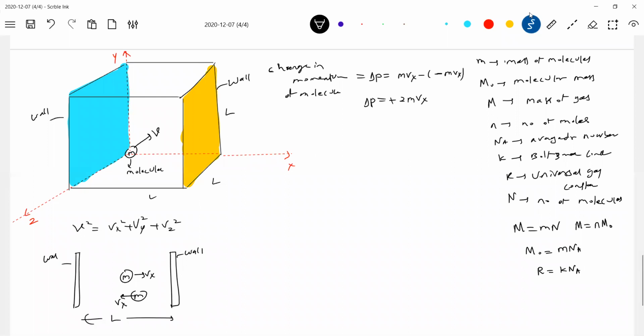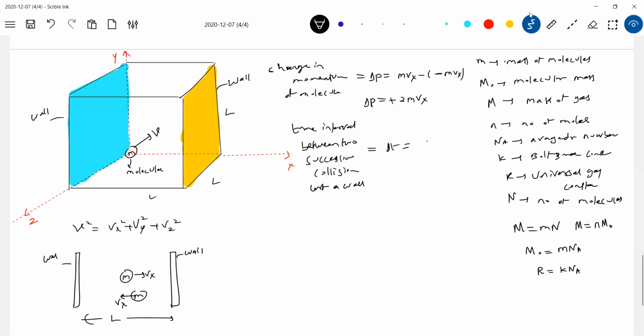So what is the distance it will cover? L. Now what is the time taken for two successive collisions with respect to a wall? Means the molecule will start here at t equals 0. Then again to come and collide with this wall, what is the distance it will move? L and L. So time interval between two successive collisions, shall I write delta t?